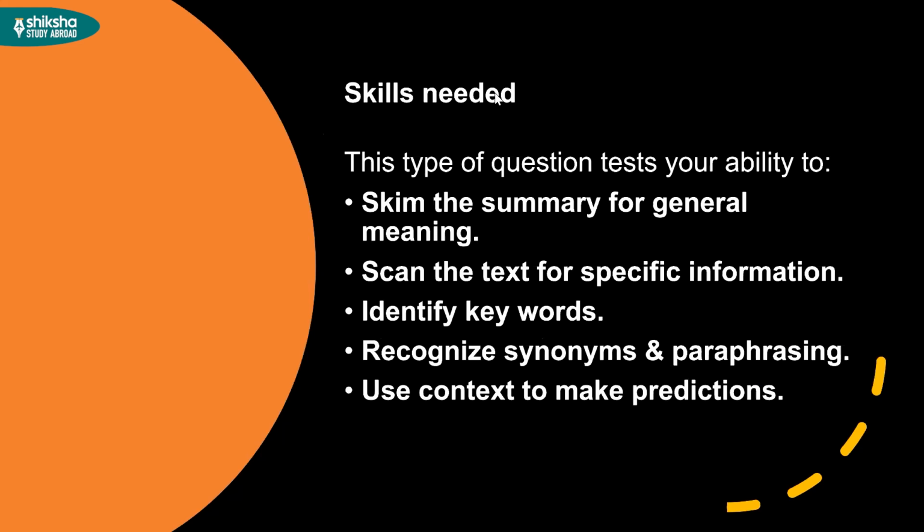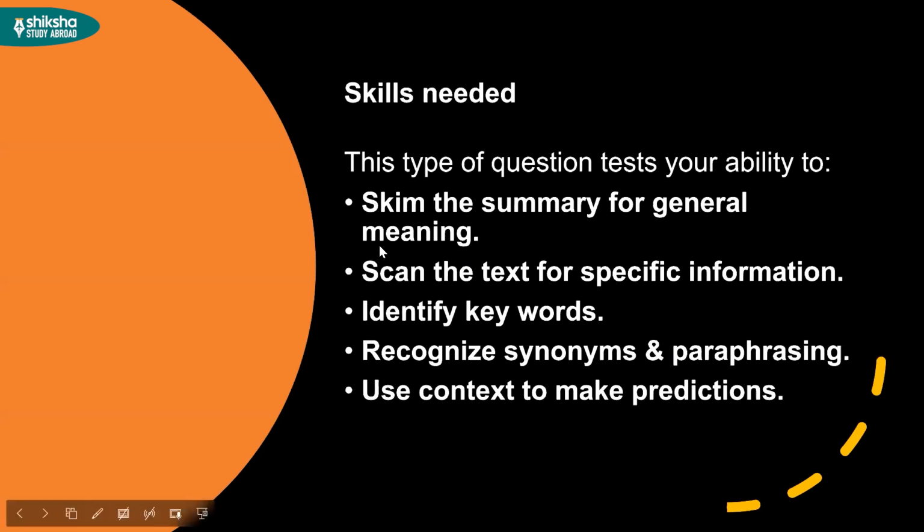Let's see what skills are needed for this particular kind of question. This type of question tests your ability to skim the summary for general meaning, scan the text for specific information, identify keywords, recognize synonyms and paraphrasing, and use context to make predictions.